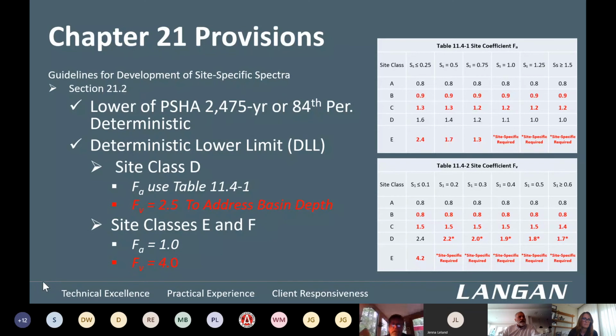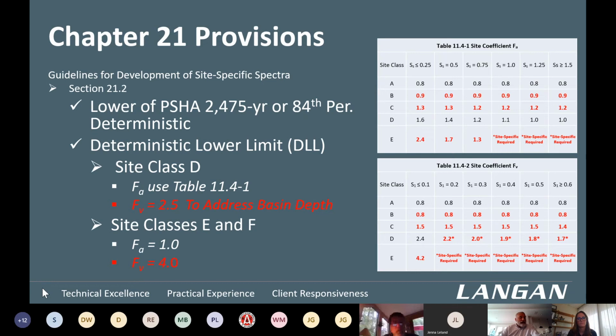And the reason for that is to capture issues with deep basins, because we know when we have a thick deposit of overburdened soil, once the earthquakes happen, the longer period spectral values will be influenced by how deep this basin is. And in addition to these provisions, City of Seattle has its own basin depth provisions as well.